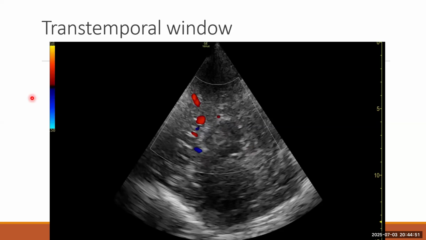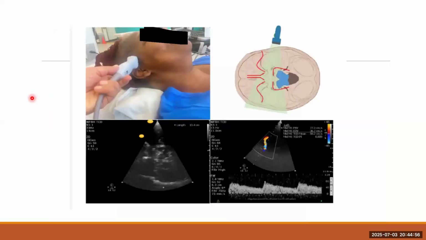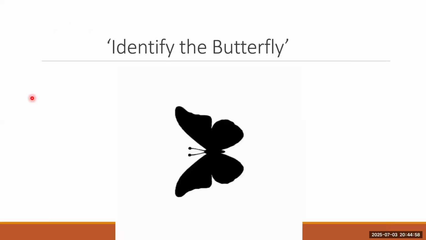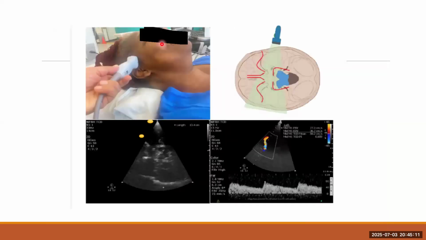There are various planes of insonation through the transtemporal window. The mesencephalic, or midbrain, view is most commonly employed. That's where we get the butterfly, and that is the landmark through which all the other vessels are identified. This is again the same.